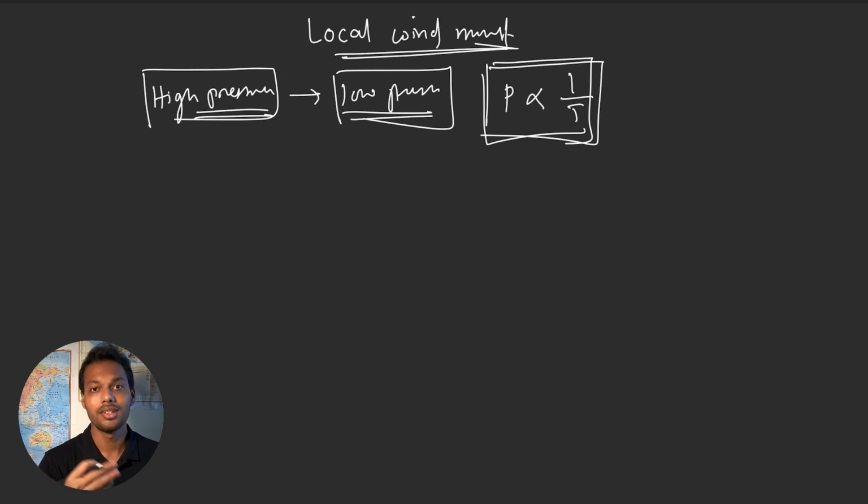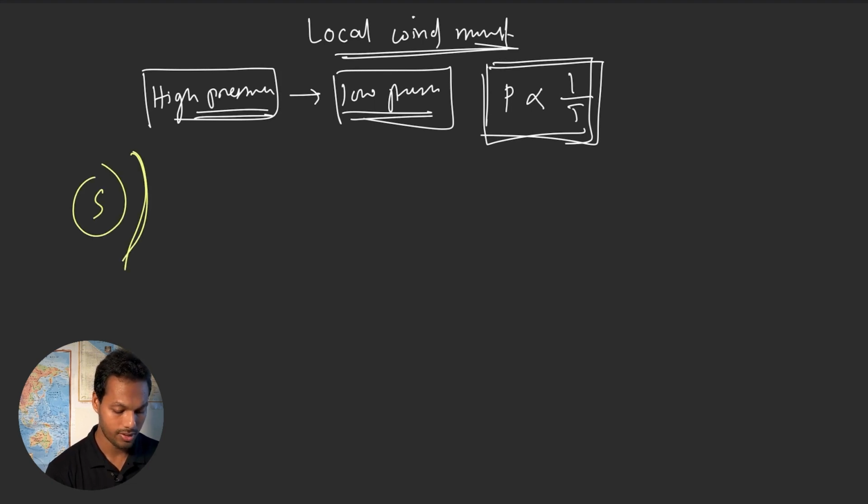So in local wind phenomena, at a local place, sir, how does it happen that one place has more temperature and another place has less temperature, so that there is a pressure difference? Yes, I am coming to that. Suppose we have one ocean or sea here, and this is land. What will happen during daytime?